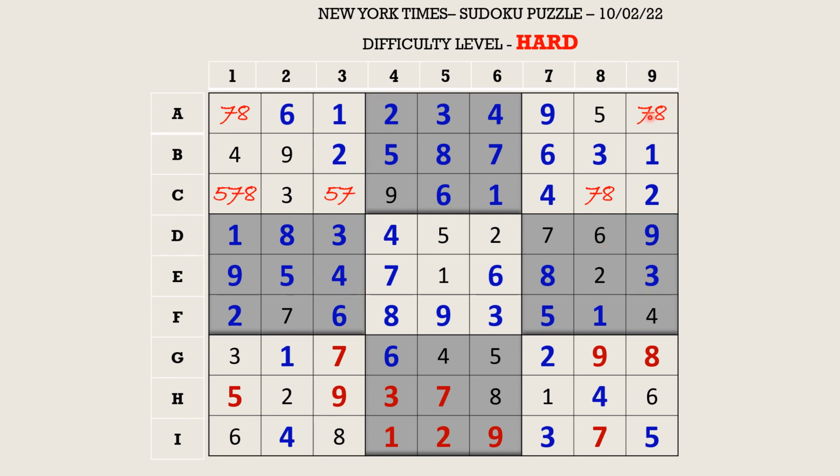Let us just quickly do it. So A9 becomes 7, this becomes 8, A1 becomes 8, this becomes 7, and here C3 takes 5, and the puzzle is solved.